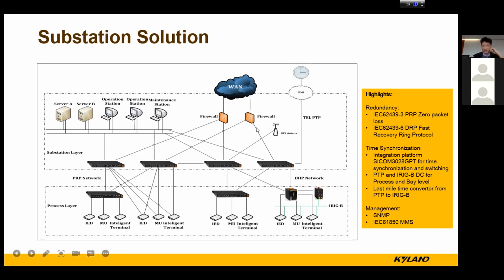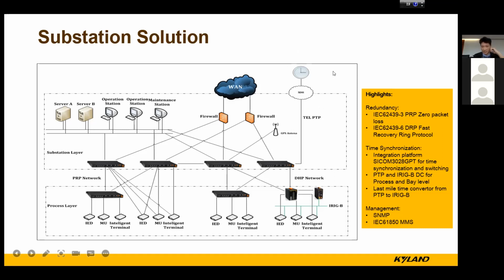Besides, this is a network design, and for the time synchronization, we can see that here is a GPS antenna. And on this GPT, it is installed with a time server module. So it means that the time server module is connected with the antenna, and this GPT can synchronize other devices with the PTP protocol.